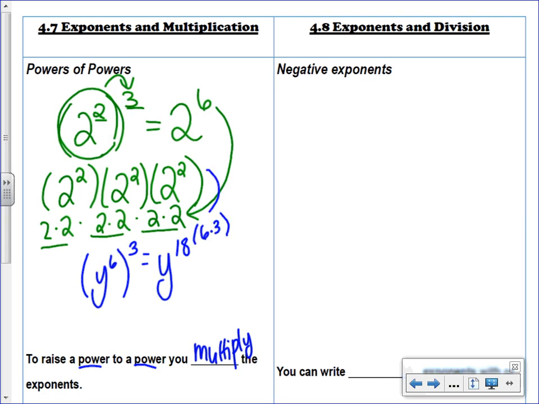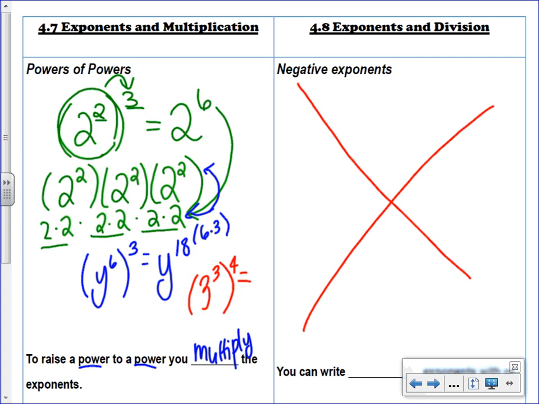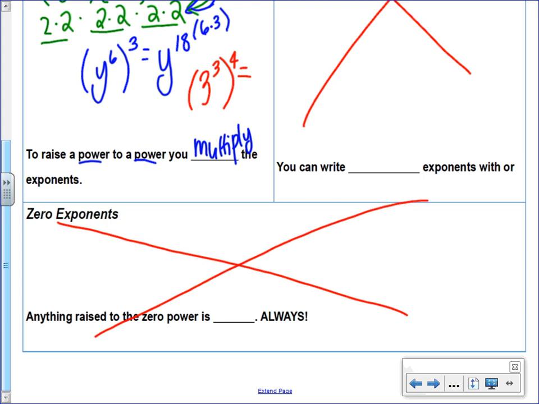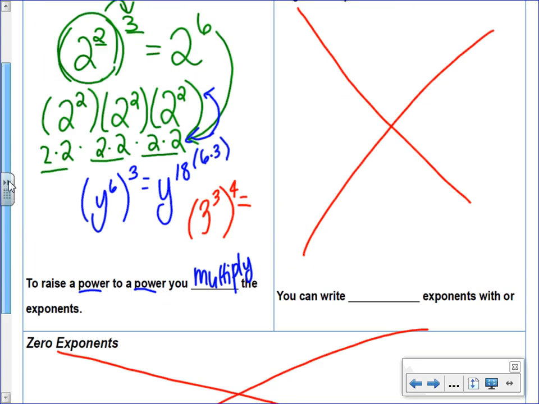If you need to, you can write them out like this, but it's not necessary, but you totally can. So you all try 3 to the 3rd raised to the 4th. And we're not doing this section, and we're not doing this section. We'll get to those at a later date. All right, watch it as many times as you need.